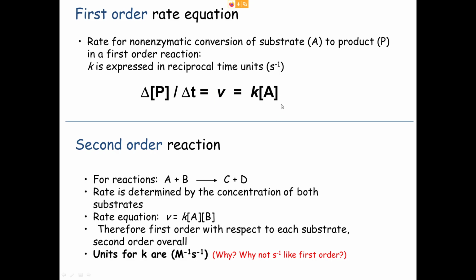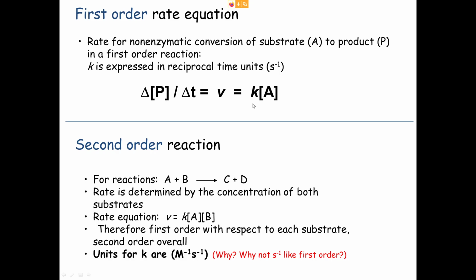Well, on the right-hand side of this equation, I have a concentration of A, and A is in whatever units P was in. It's millimolar, parts per million, parts per billion, whatever it might be. So if this is in, let's say, millimolar, and V is in millimolar per unit time, or millimolar per second, for example, then K must have the units to make these two equal.